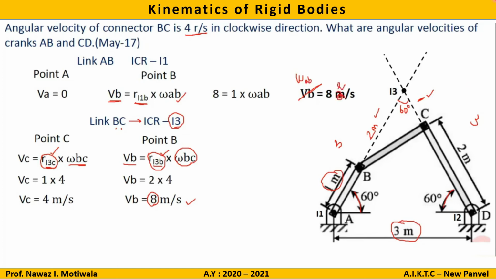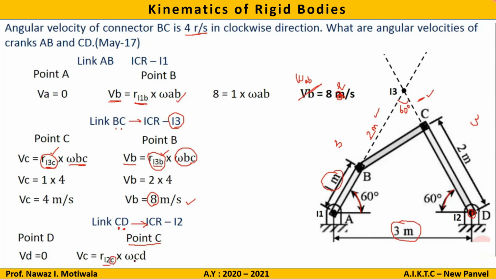Now what is remaining? We have not yet considered the last link. So let us start with the last link, link CD. The ICR is corresponding to I2. Next, the points associated are C and D. Point D, I can directly write VD is equal to 0 because it is a hinge point. For point C, I can write the equation VC is equal to I2C, because I2 is the ICR corresponding to it and C is the point of interest.